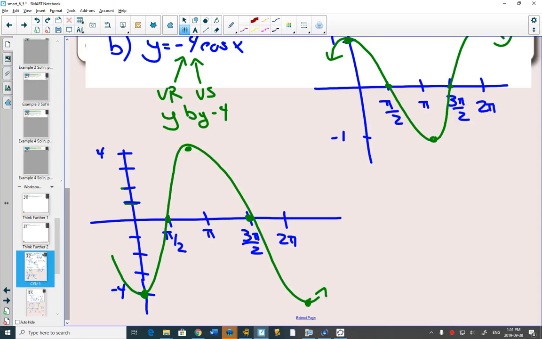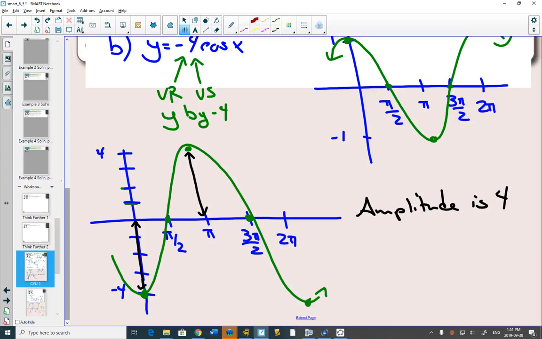Again, what's your amplitude? Your amplitude is your distance from a maximum or a minimum to your center line. Can you see that the amplitude is 4? And we're going to be using this as a shortcut for graphing sine and cosine.